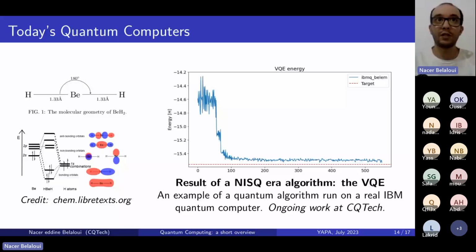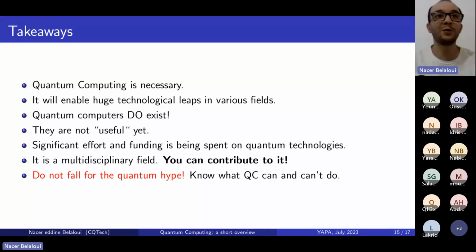So quantum computers do exist, for those of you who still don't know. To talk about the other extreme, they are not useful yet. We do not have a quantum computer that is better than current classical supercomputers. They are not useful yet for the reason I've described earlier: noise and the number of qubits and so on.